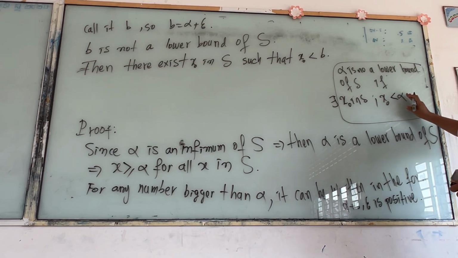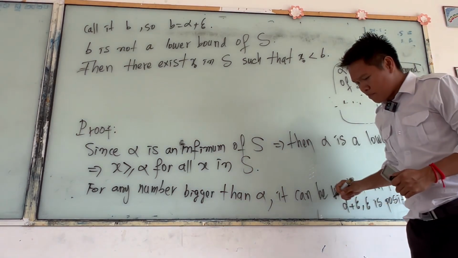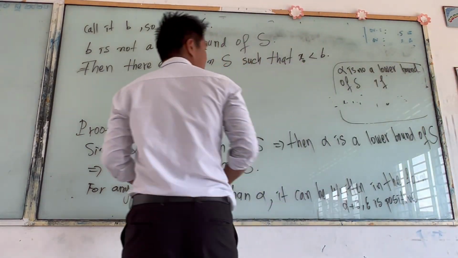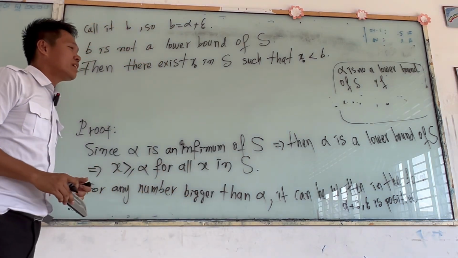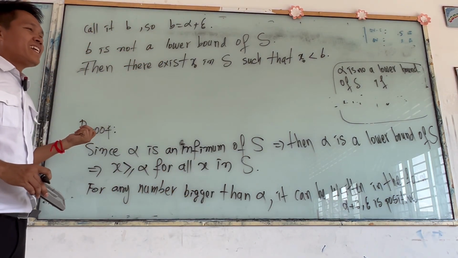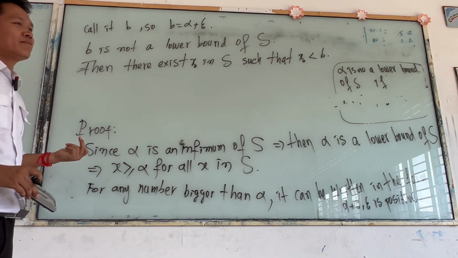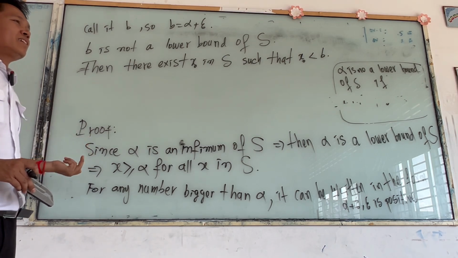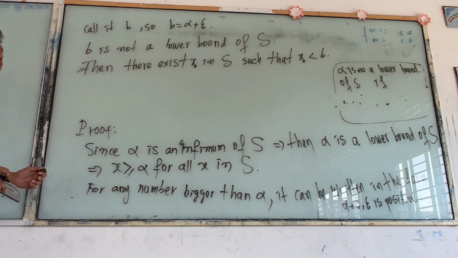When you say alpha is not a lower bound of S, there exists x0 in S such that x0 less than alpha, right?